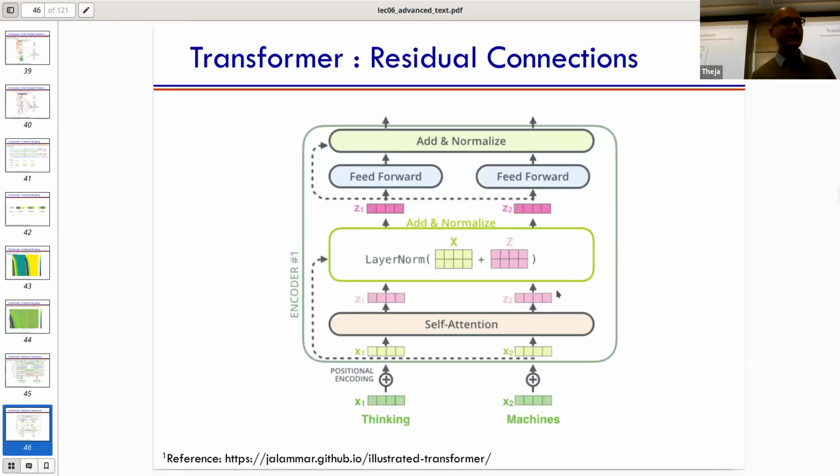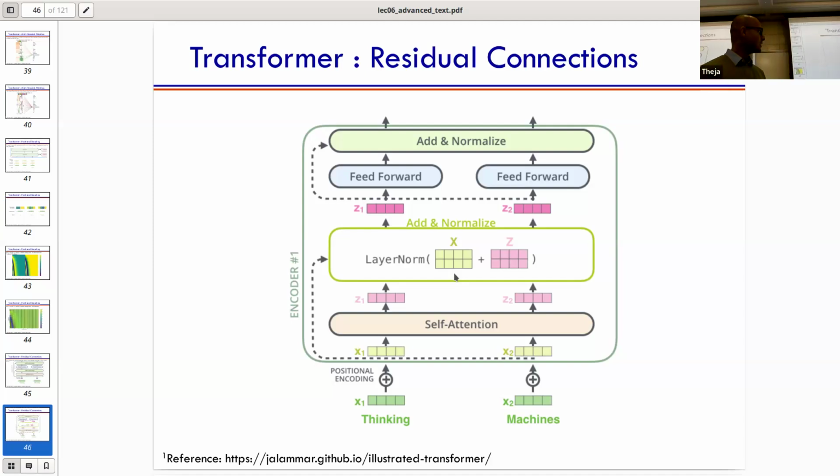So let's zoom in on the normalization step, which is this add and normalize block that we saw from the previous slide. So what is happening, right? Here we are applying what is called a layer norm. We have seen batch norm in lecture 3 or something, right? Here there's a slightly different normalization step called layer norm.